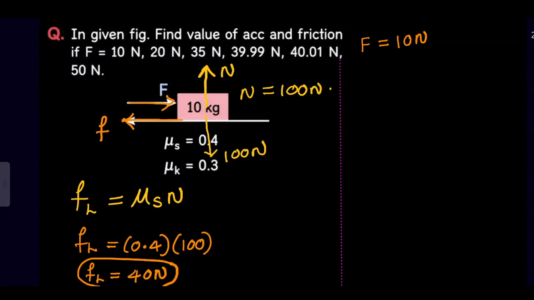The limiting friction which I calculated, 40 newtons. Limiting friction only. We applied 10 newtons, but the limiting friction is 40 newtons. Now will the body move or not?